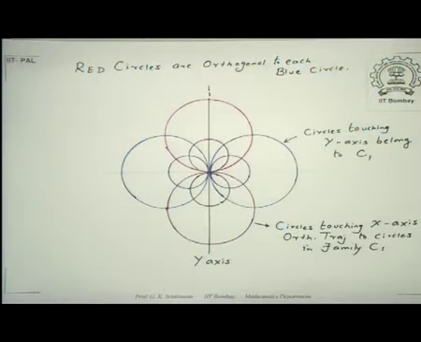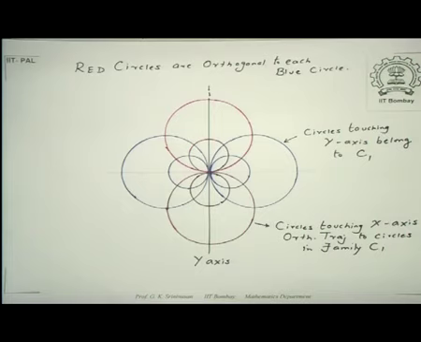I'm not sure whether I've done the sketching of those circles, but anyway, I will show you what I have with me over here. So there you see the blue circles touching the y-axis. I had drawn 4 of those, and I also drew 4 red circles cutting the blue circles at right angles.